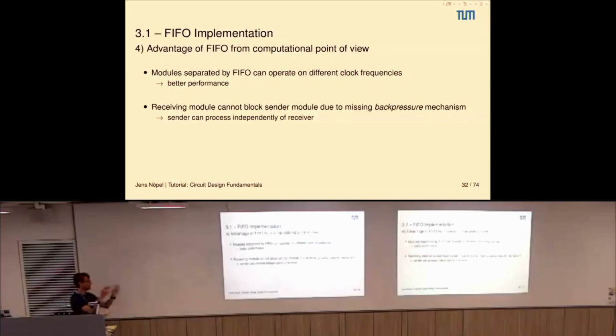If we add an asynchronous FIFO in between, then one module can run at a different frequency than the other. Let's say one is more compute intensive, and you can run it at a faster frequency, then the overall end result is available much faster. So this is why we get better performance out of it.